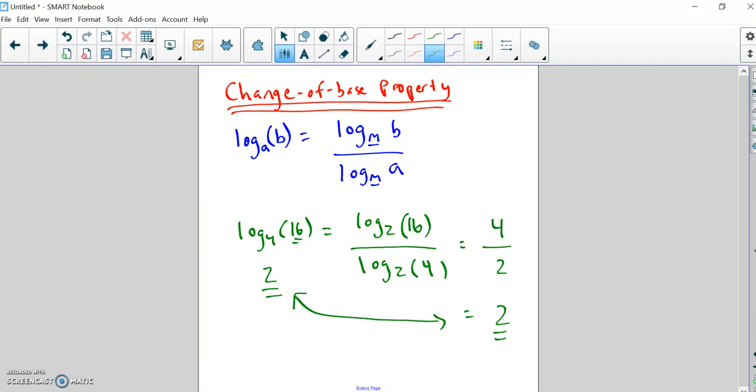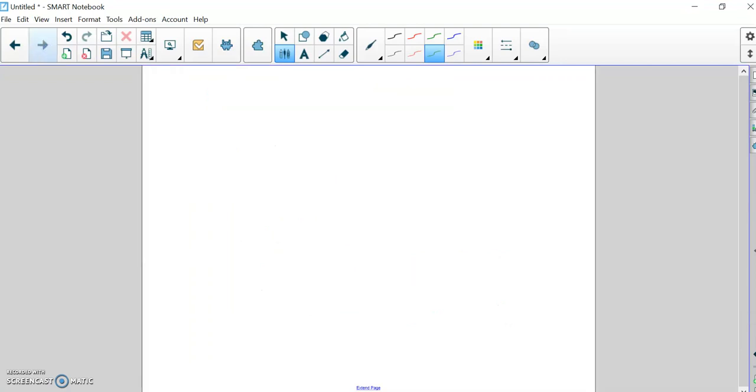Now, I will put a problem like this on the test, and it's not always going to be quite that easy. Let's say you had something like log base 9 of 27. This is a little bit tricky because I don't know off the top of my head 9 to what power gives me 27. However, I do have a common base that I can use between 9 and 27, and that common base would be 3.